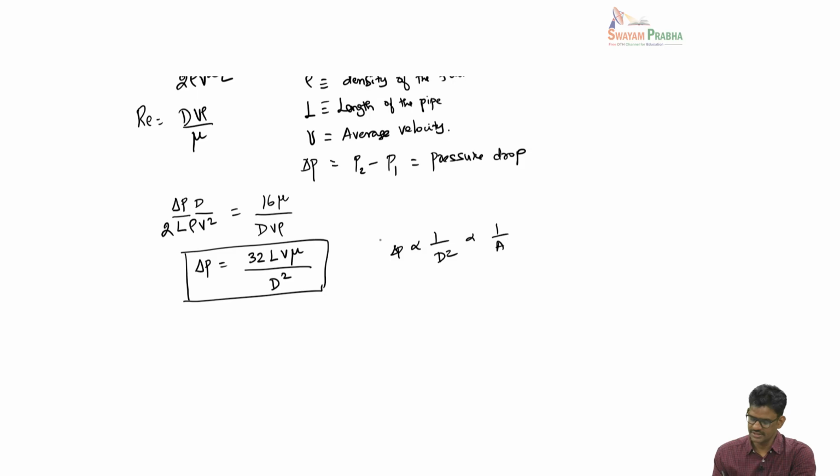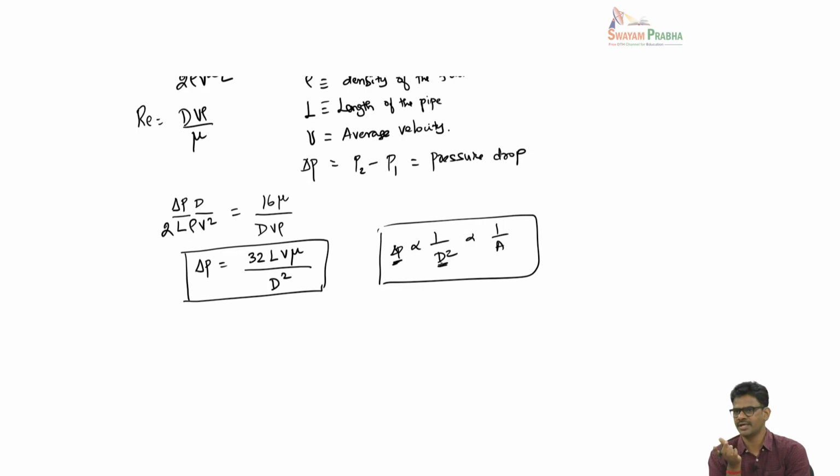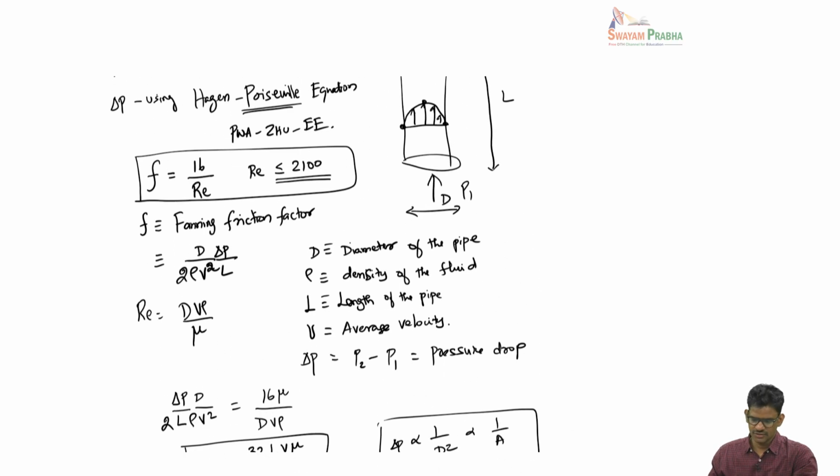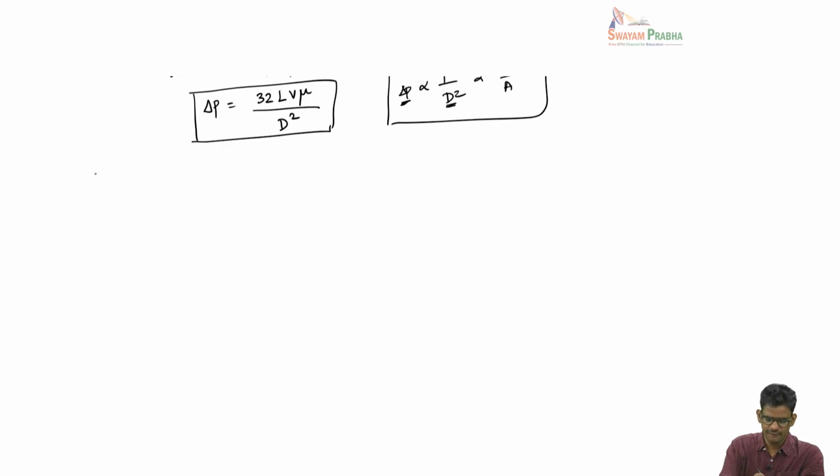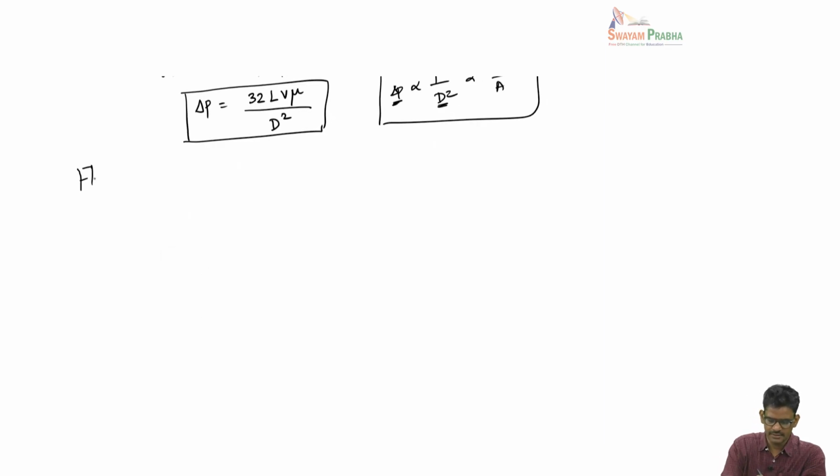This is a very important aspect, because this is what we are going to use in the further discussion, where having known the delta P, we can identify what should be the corresponding diameter. So the relationship between the required diameter and the target pressure drop is related to these kinds of equations. But this is only applicable for a very simple flow through a hollow tube, laminar flow, Newtonian fluid. We have a much more complicated situation than this. So moving forward, the next sophistication we can add to this is flow through a packed bed.